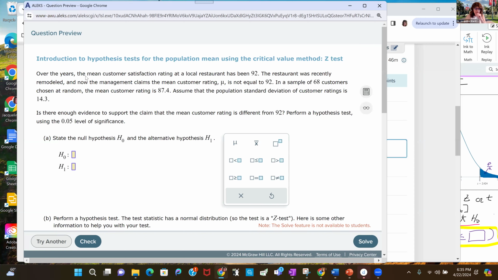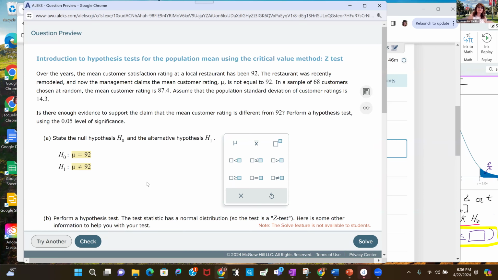Okay, so over the years, the mean customer satisfaction rating at a local restaurant has been 92. It was recently remodeled, and now management claims it's not equal to 92. So remember, the null hypothesis is always the equal statement. The alternative is that it's not equal to.